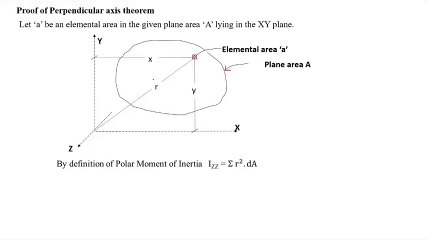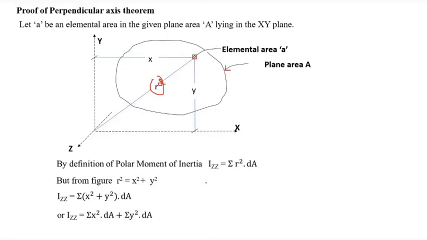So we know that r square is equal to x square plus y square. Therefore, if you substitute the value of r square there, it will become summation of x square plus y square into dA. Now we can separately consider each term: sigma x square into dA plus sigma y square into dA.